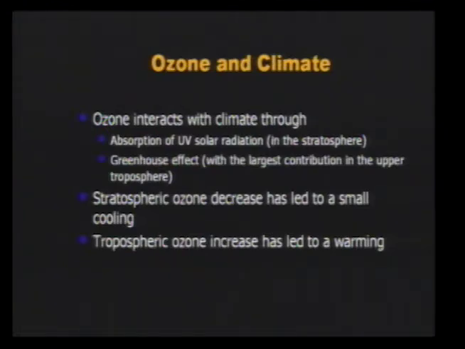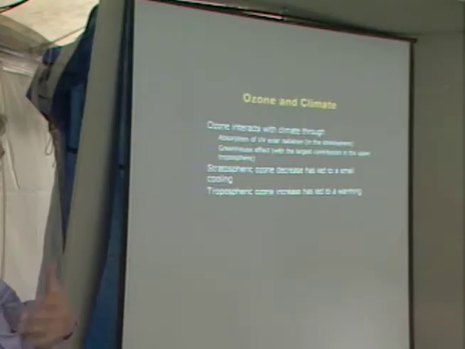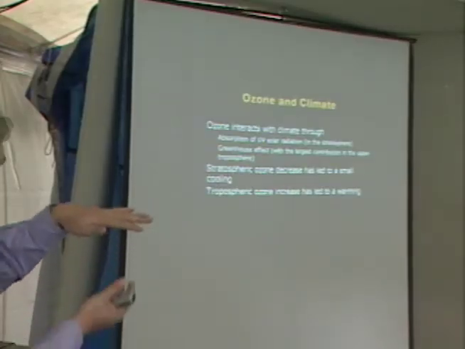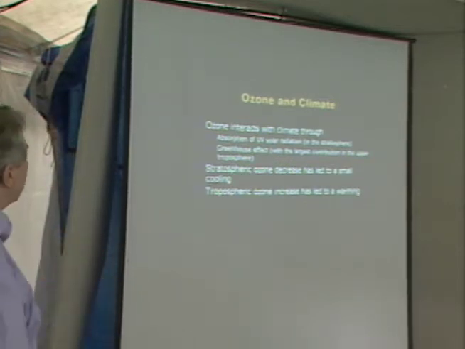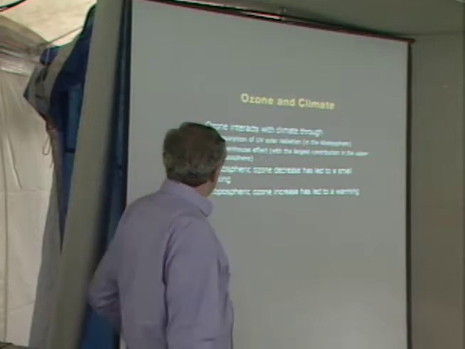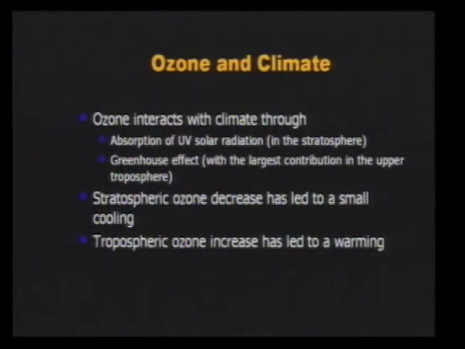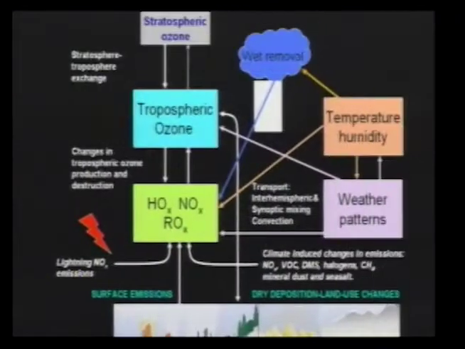But it's also a greenhouse gas and therefore contributes to the greenhouse effect, especially through the amount of ozone found near the tropopause region. Now, the ozone depletion that we have seen in the stratosphere should therefore lead to a small cooling, while tropospheric ozone increase leads to warming.